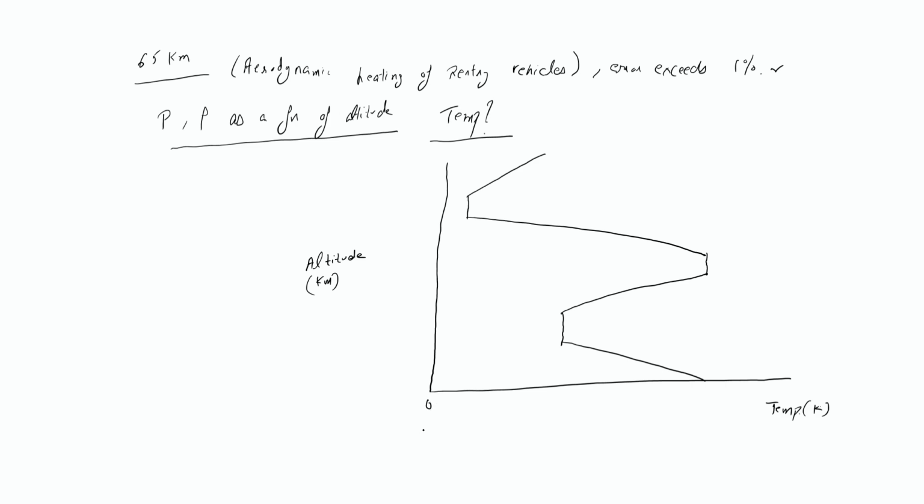Here this is 0, this is 200, 240, this is 280, 320. This is in Kelvin. So this range is 11 kilometers, this is 25 kilometers, 47 kilometers, 53 kilometers, 79, 90.